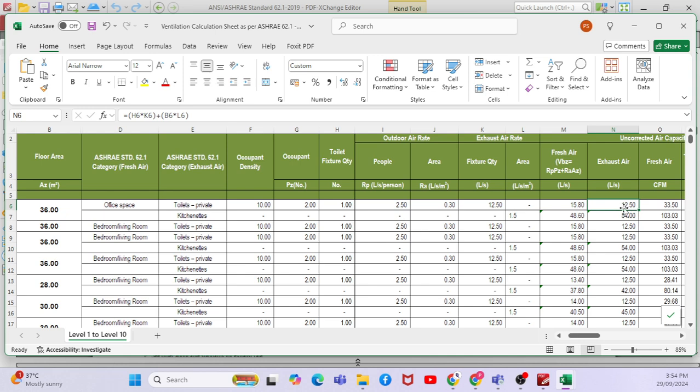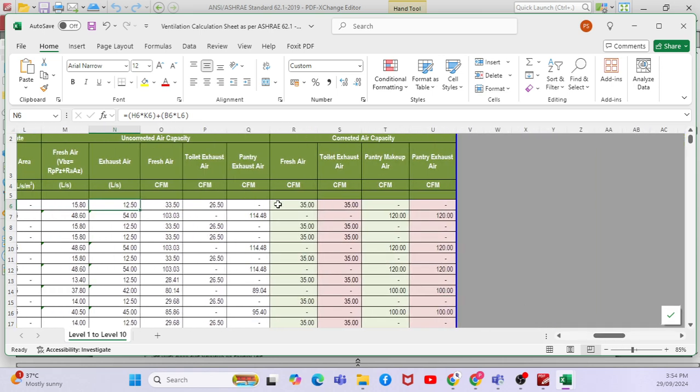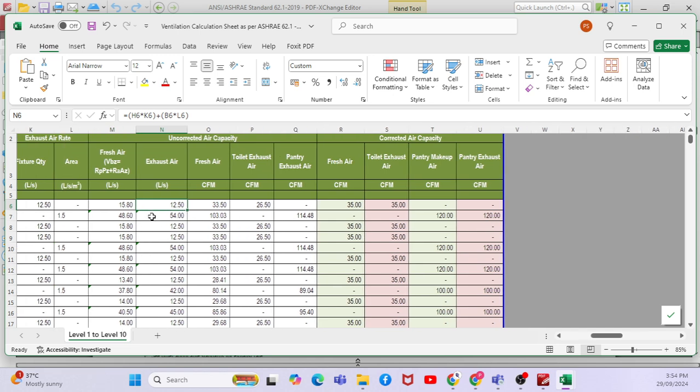Clear, right? Now I am going to compare, for example, which is the best value. I'm going to calculate fresh air and I'm going to calculate exhaust air. Assume that I have to create a positive pressure or negative pressure.